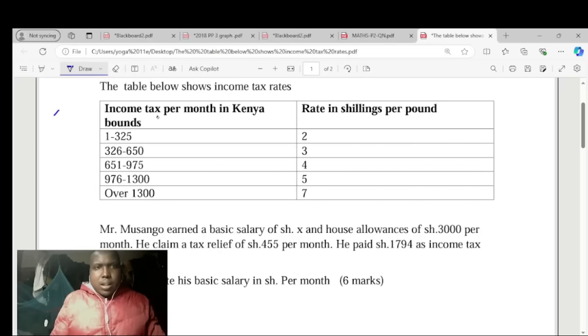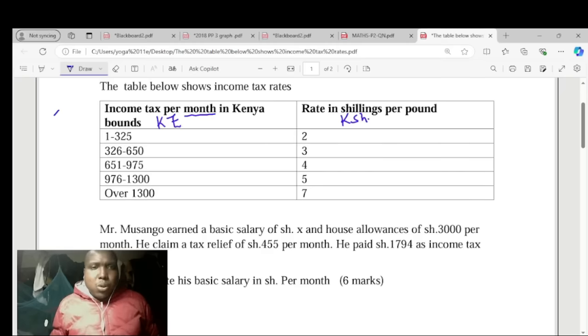So this one is in Kenya pounds, and this one is in Kenya shillings. So first unafaa kuangalia table, is it per month or per annum? This table is per month. Hiyo ndio kitu ya kwanza unafaa understand. So and this money is in Kenya pounds.